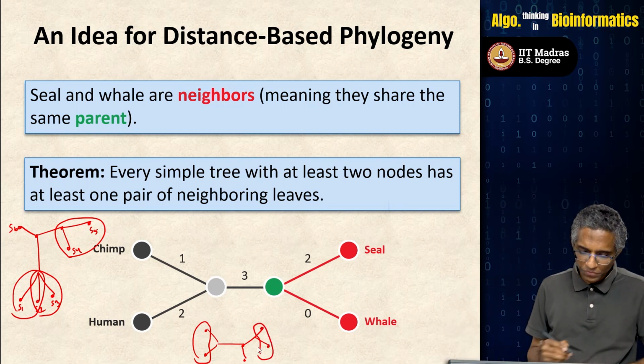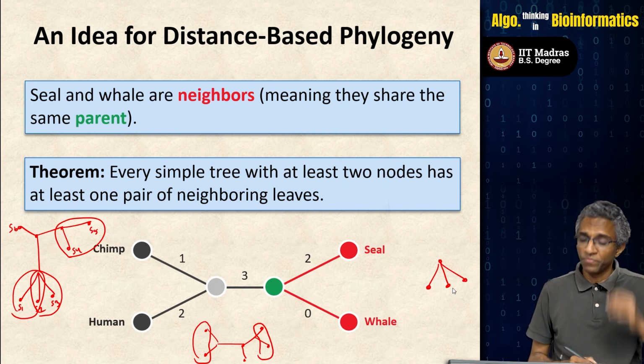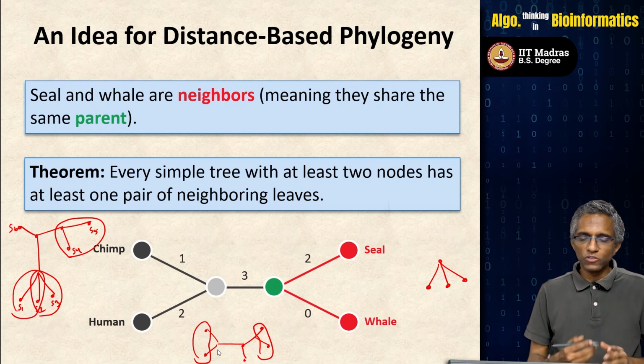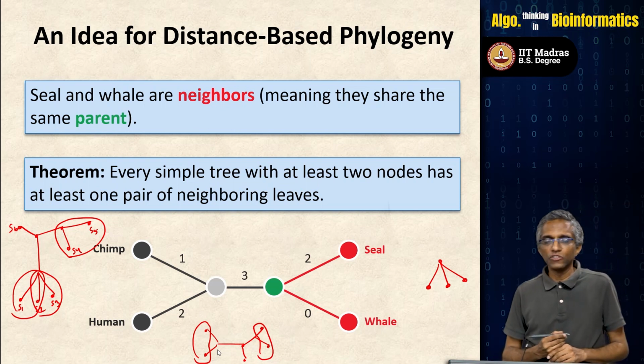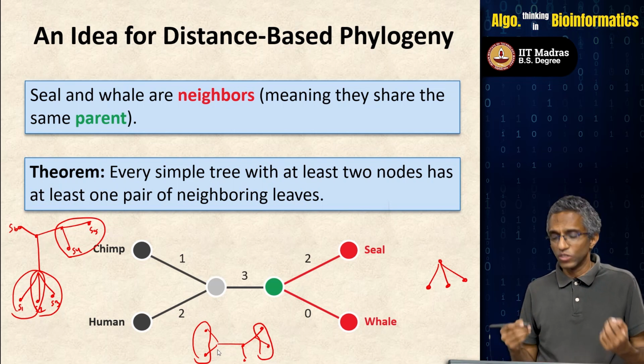Let us say the nodes are in this way, then here there are 3 cherries. So, these are just examples, but you can also prove that every simple tree with at least 2 nodes has at least one pair of neighboring leaves, and that means at least one cherry.